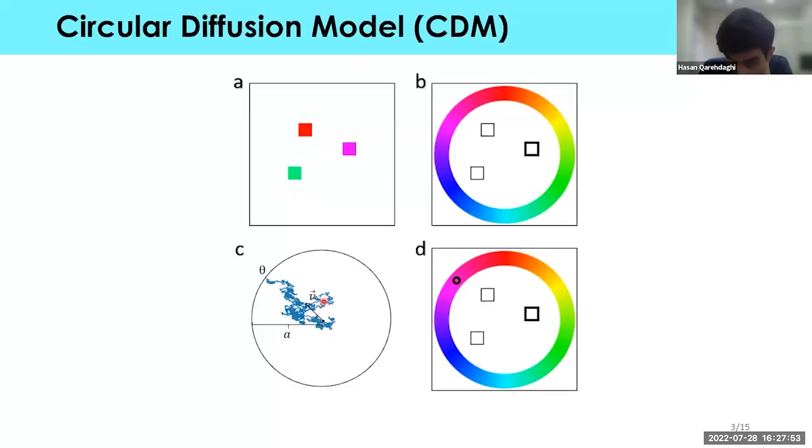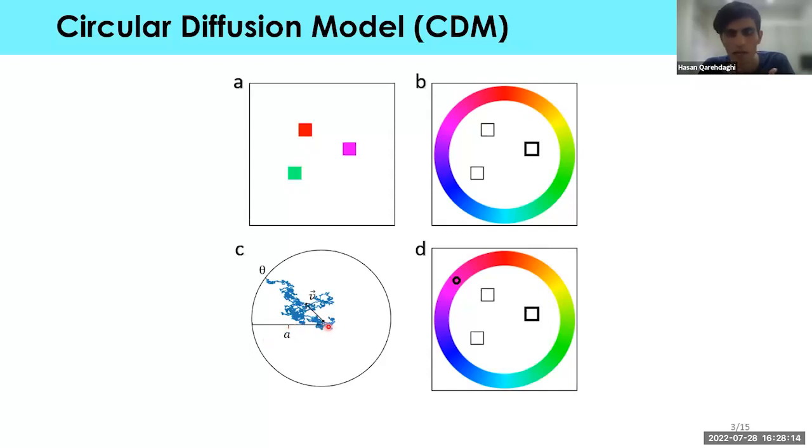So if this model is correct, at least to a good approximation, we are interested in finding these four parameters: A, the angle of the drift vector, the length of the drift vector, and the non-decision time.